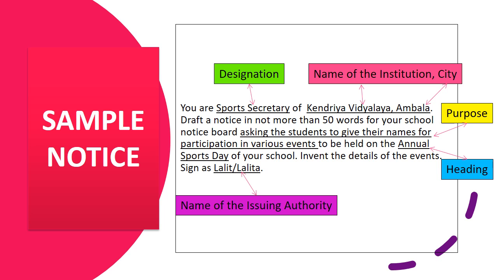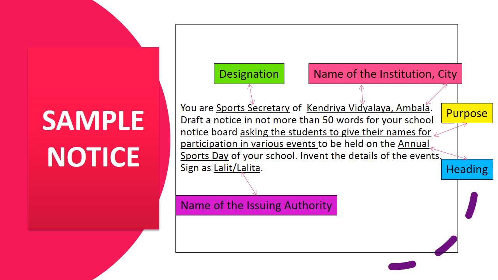Now this is the name of the institution, Kendriya Vidyalaya, Ambala is the city. So from first line only we got our first line, name of institution, city, and also the designation of the person who is writing the notice, which is our last line, that is sports secretary.